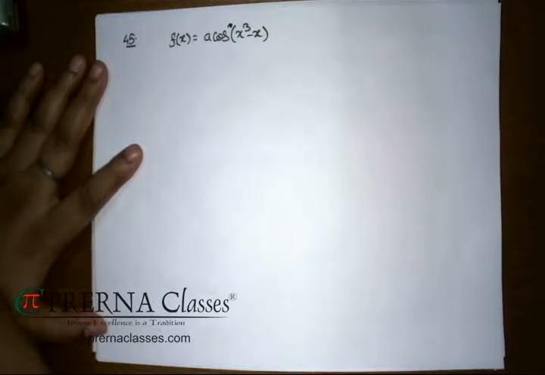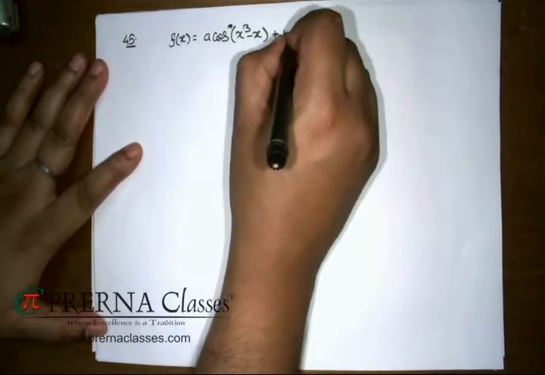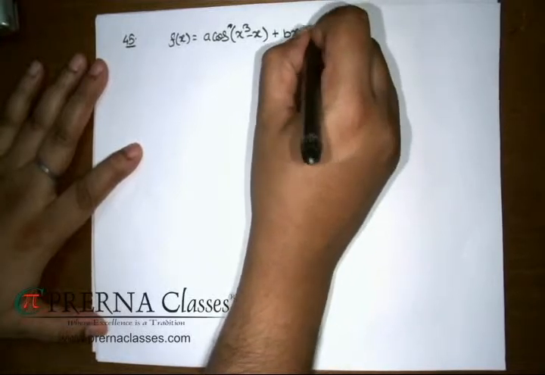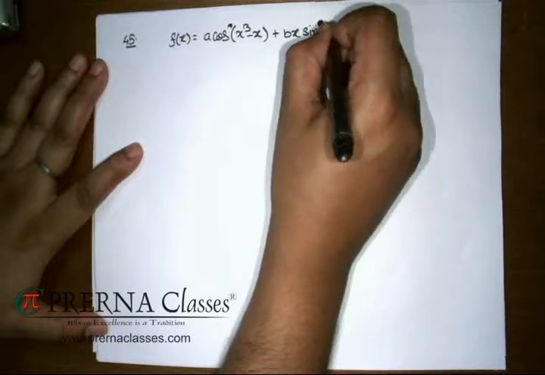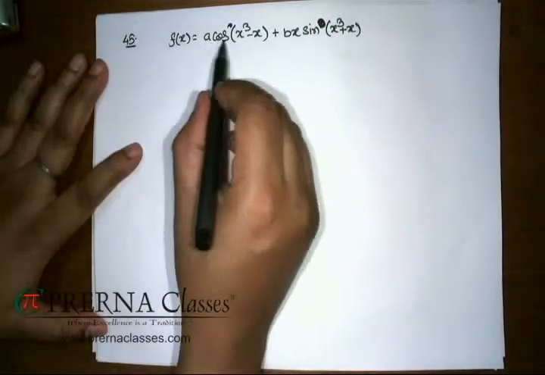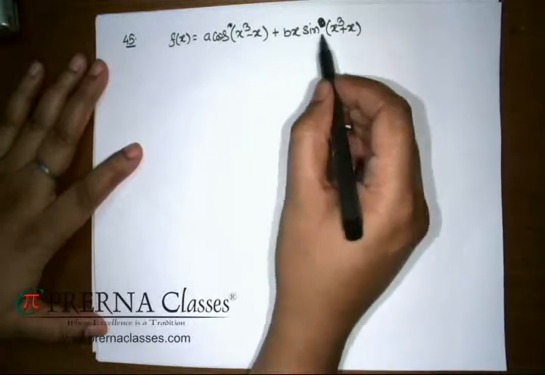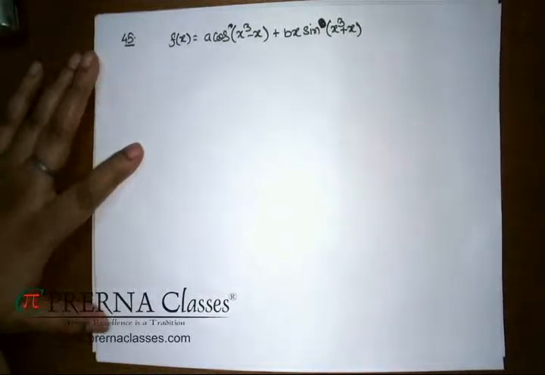But in case of the second term, because of the sign, the mod may change the value outside, but in the exterior part of it, you can check you have mod of x, which is going to take care of it. So the ultimate expression given is going to be free from modulus, which is a cos of x cube minus x and bx sine of x cube plus x.